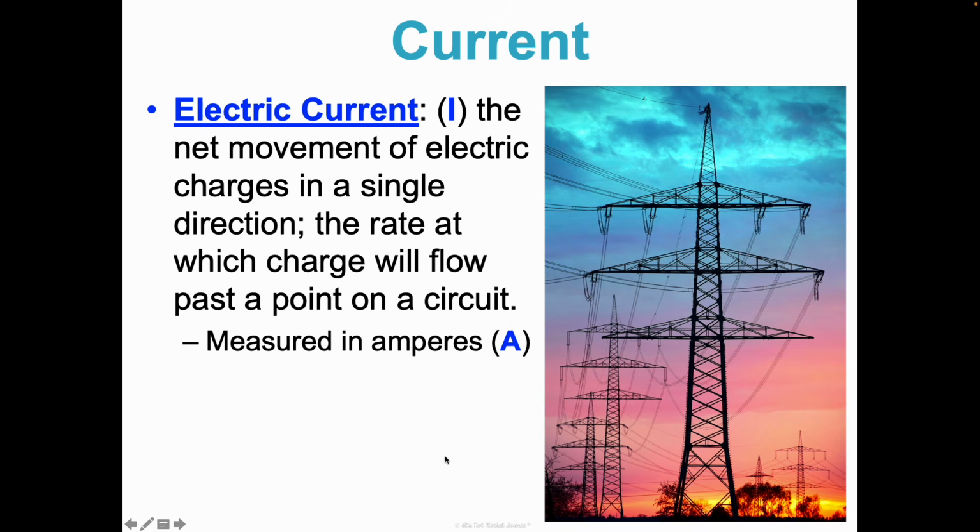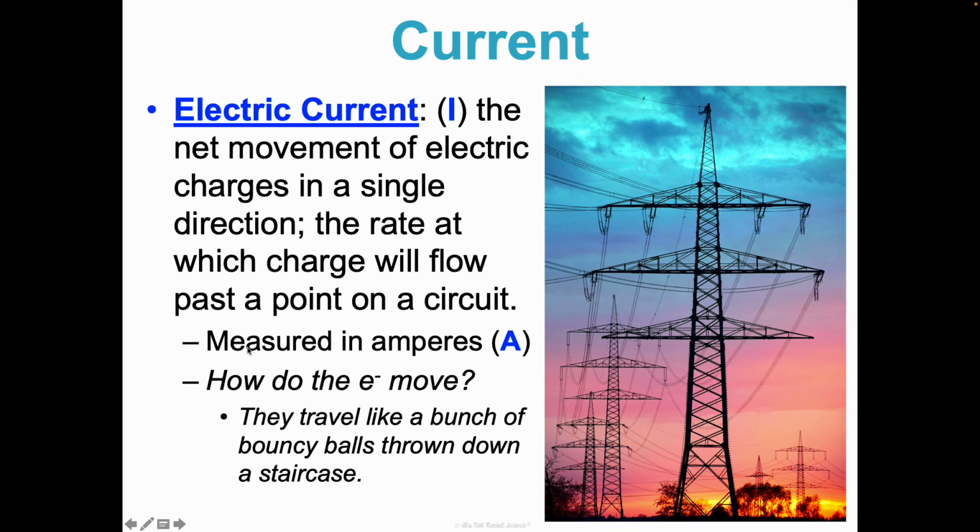So it's a lot. And how are those electrons moving? How are they flowing? I like to think of it as them traveling like a bunch of bouncy balls thrown down a staircase. So picture if I had 6,240 million billion bouncy balls and we walked into the top of a second floor staircase in school or in a hotel or something like that, and we just threw them down.